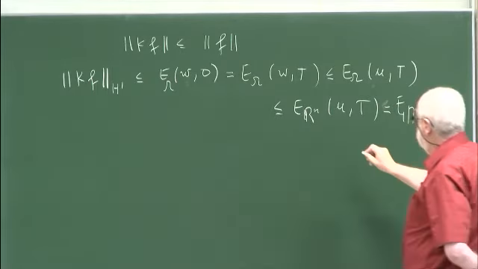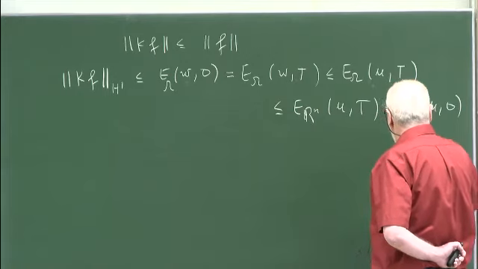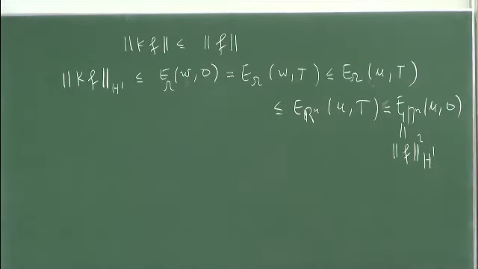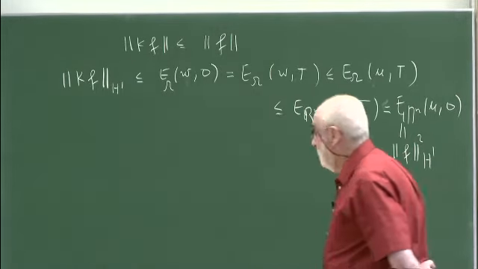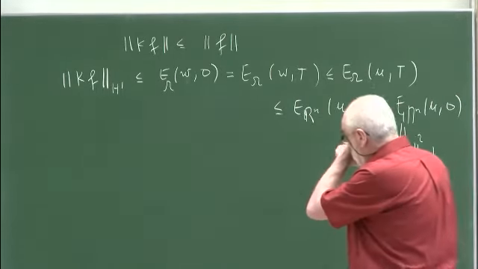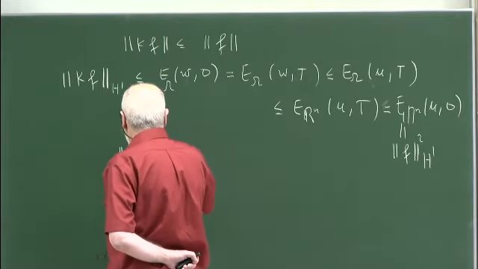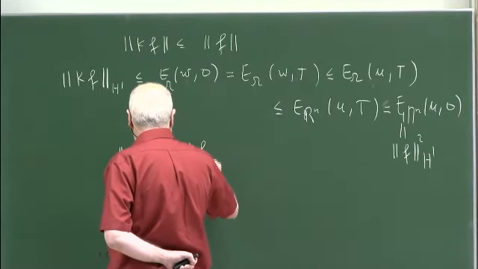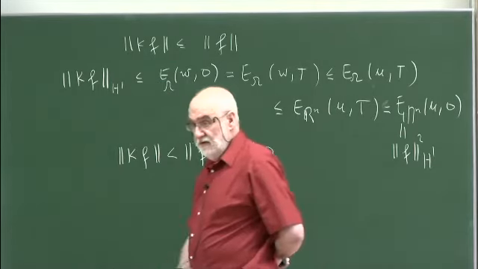And this is exactly the H1 norm of f, just measuring the gradient of f squared. So this is what we did yesterday. And now today I want to prove, first of all, that the norm of Kf is strictly less than the norm of f, if f is non-zero.